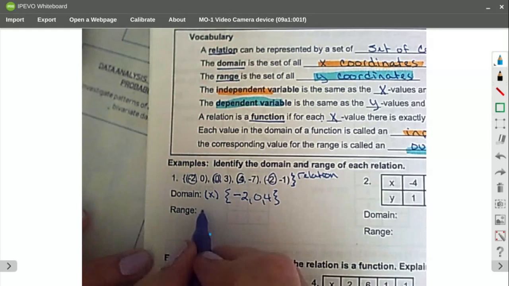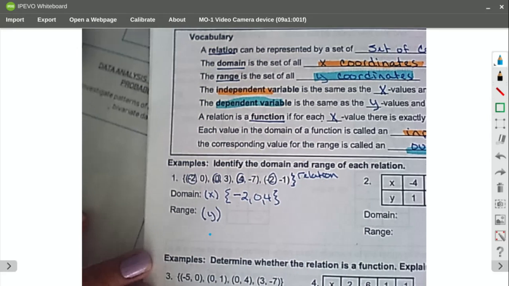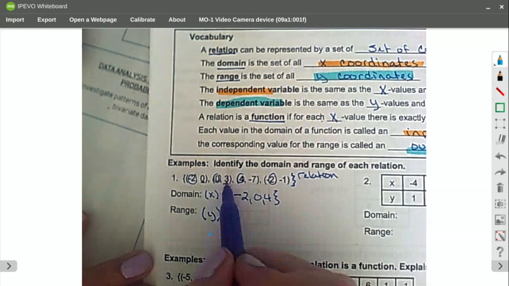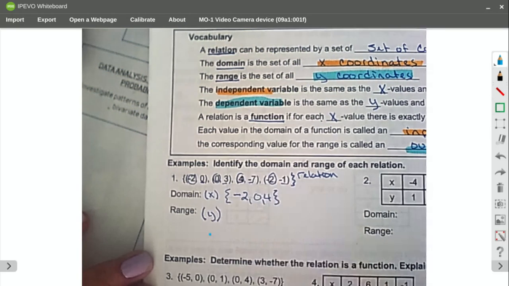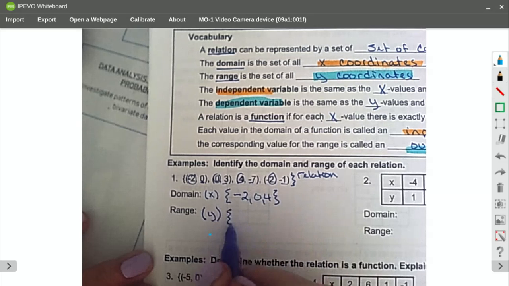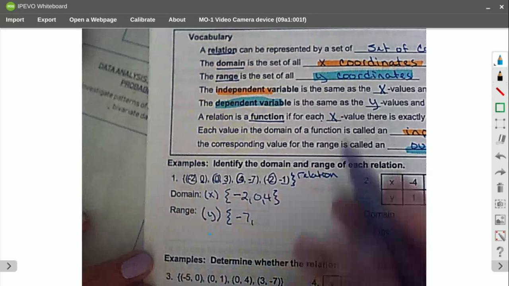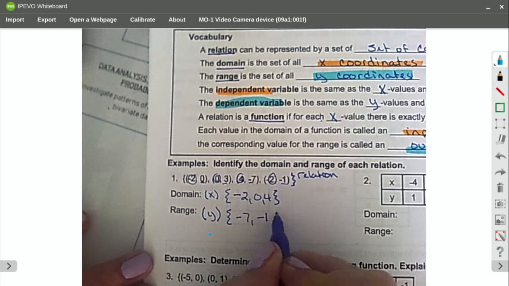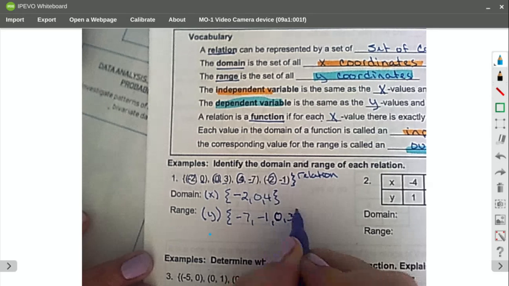What's my set for my range? My set for my range, remember, is your y coordinates. And that's going to be the 0, the 3, the -7, and the -1. And I'm going to write that from least to greatest. So my -7 is the smallest, my -1, then I have 0 and 3.